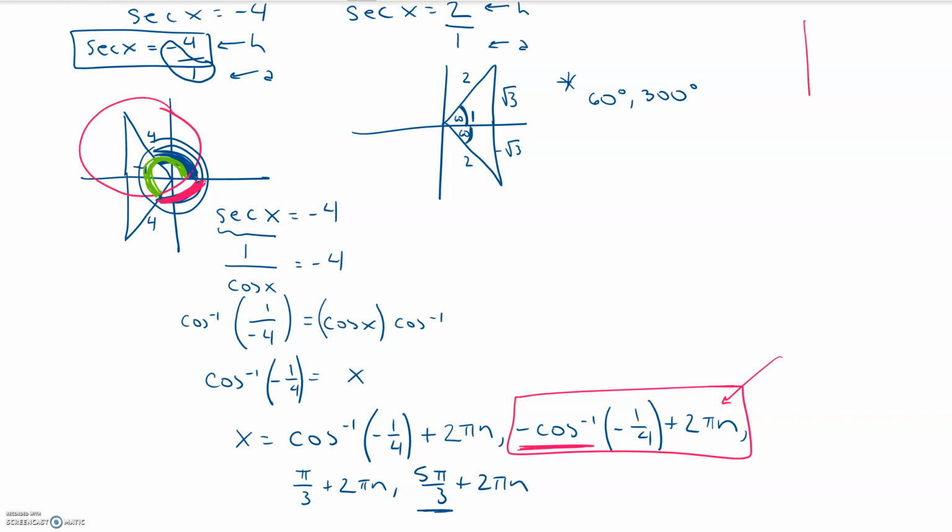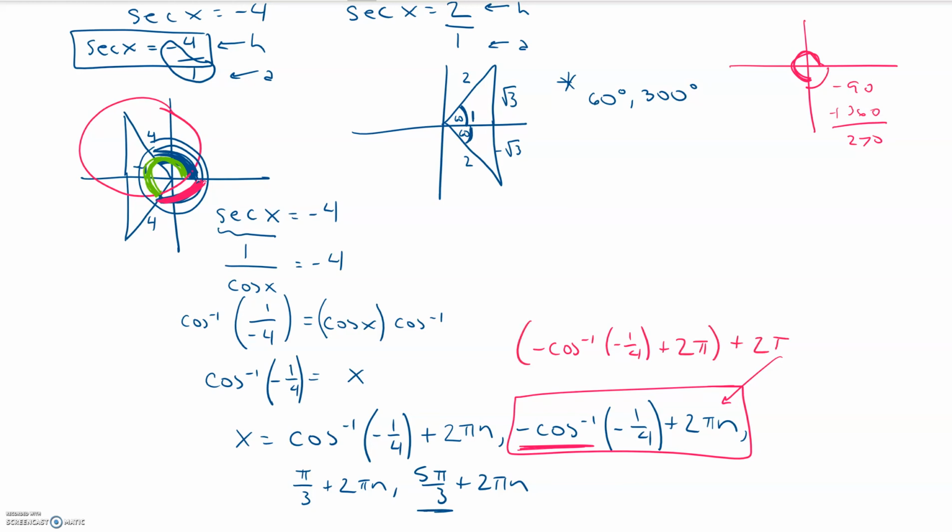Consider a situation where I had a -90 as an answer, but I wanted my answer to be equivalent but positive. In other words, I wanted a coterminal angle. I could add 360 and get 270. 270 would also be an answer. And that's the basic concept of what some people might do. They would take the negative cosine inverse of -1/4, and then they would add 360.